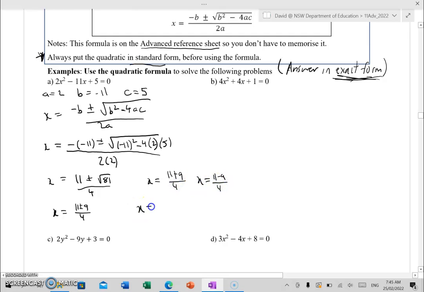So we get our 2 answers there. So that's 20 on 4, which is going to be 5. Or that's going to be 2 on 4, which is a half. So in that particular scenario, we got two nice values without roots, because what was under the square root cancelled quite nicely.